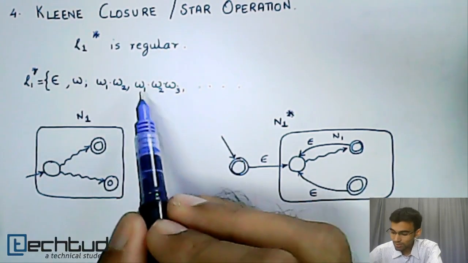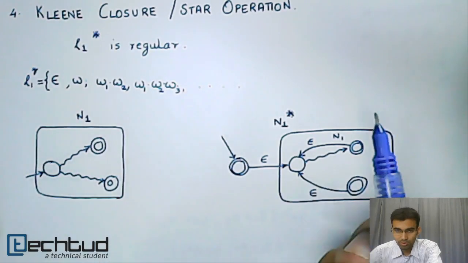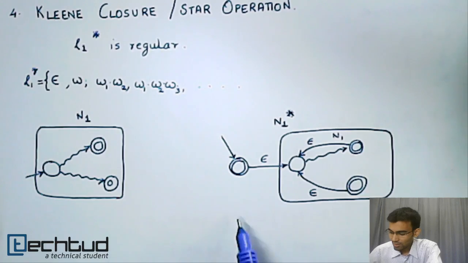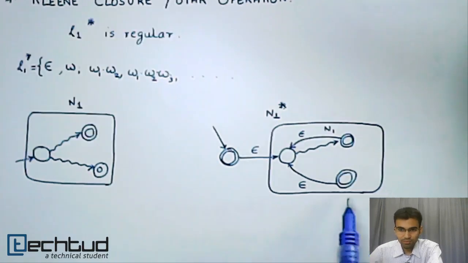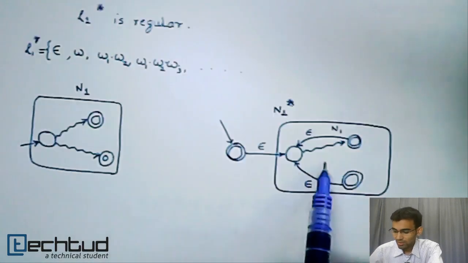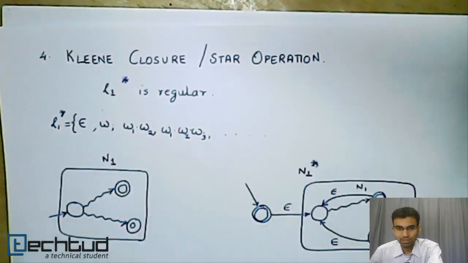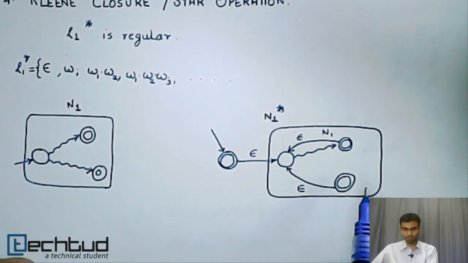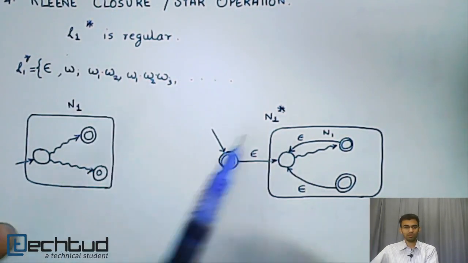It's also possible that W1, W2 and W3 are the same word concatenated together. This is the machine which will accept L1 star, the Kleene closure. Since we can construct such an NFA to accept L1 star, L1 star must be regular.